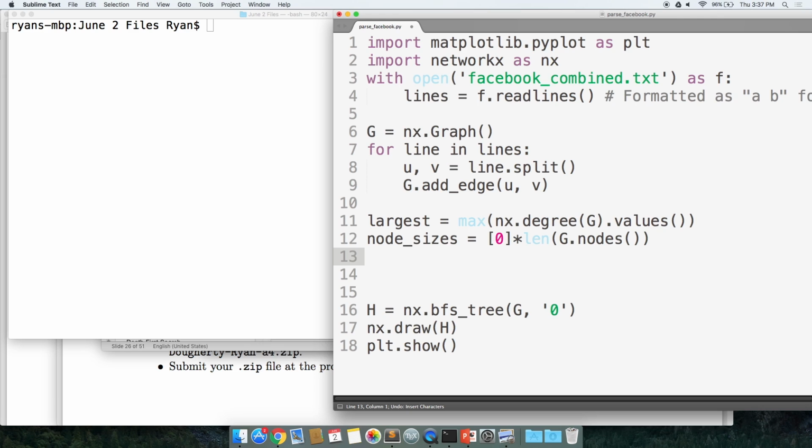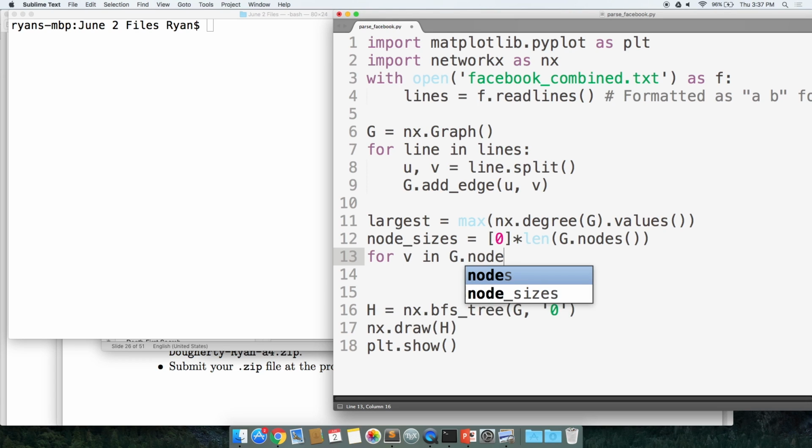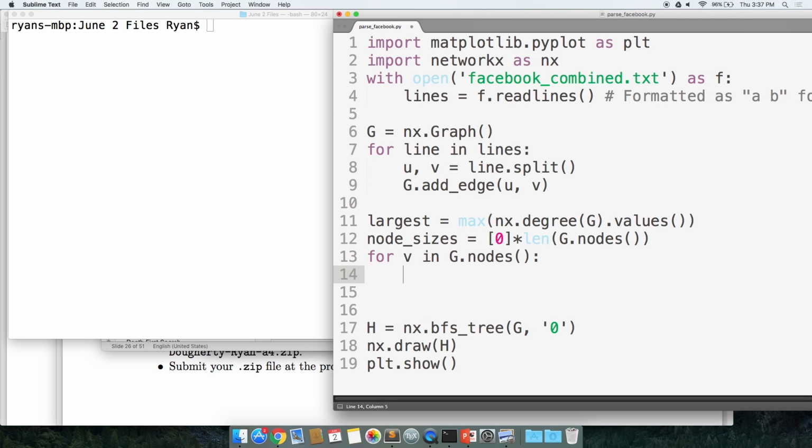Now I want to update each of the entries in this size list. So I want to loop over for v in g.nodes, and write out to node_sizes the size of what that particular vertex v will be. But the thing is, I want to keep the indexing the same.